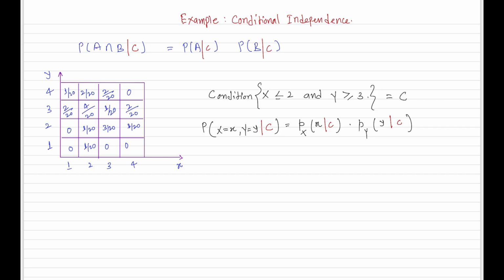And again, it has to be true for all the possible pairs of x and y.